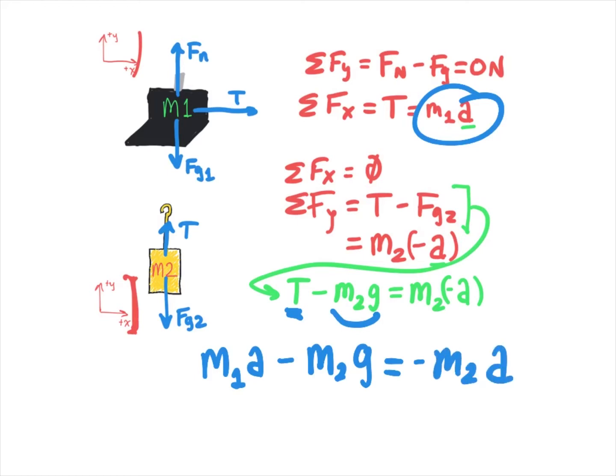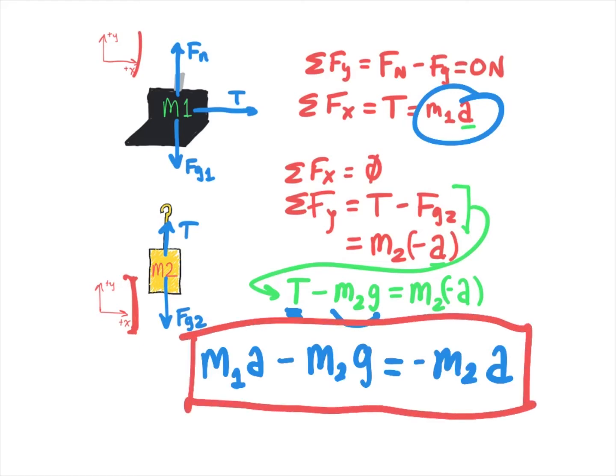Now this is important because I have an expression involving quantities that I know, for example, the mass of the first object, the mass of the second object, and the acceleration due to gravity. And now I can solve for the acceleration by taking all those terms and getting them alone so that acceleration can be solved for.